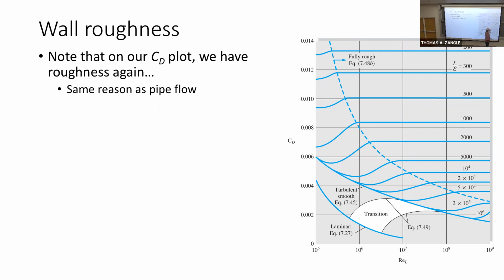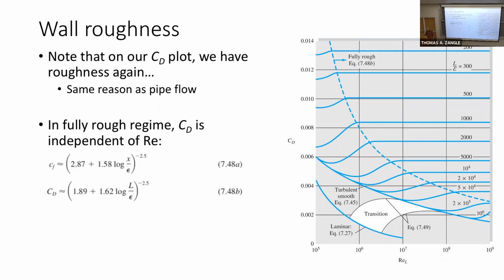For different values of that L over epsilon, we can see different curves, just like we had for internal flow with the Moody chart. And again, there's a fully rough regime where all of these lines are horizontal, and in this fully rough regime, the drag coefficient no longer depends on the Reynolds number based on length.